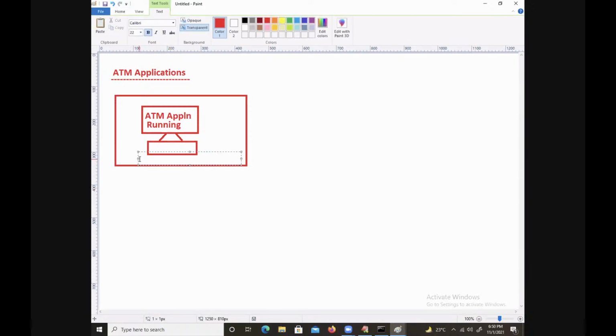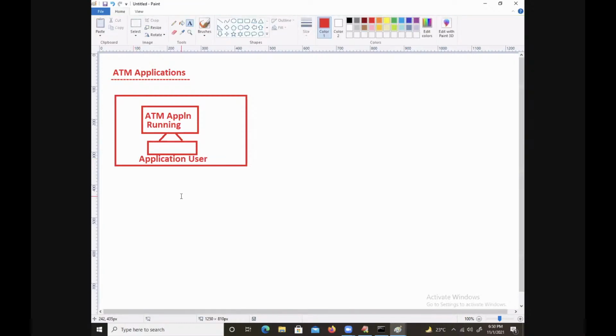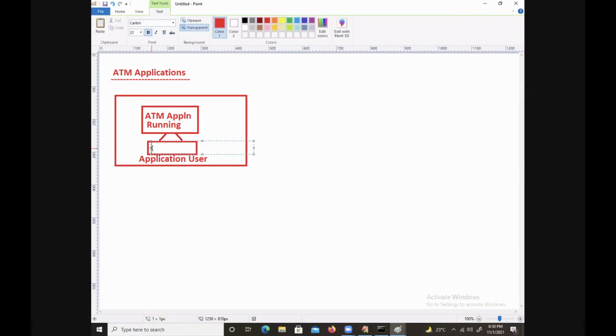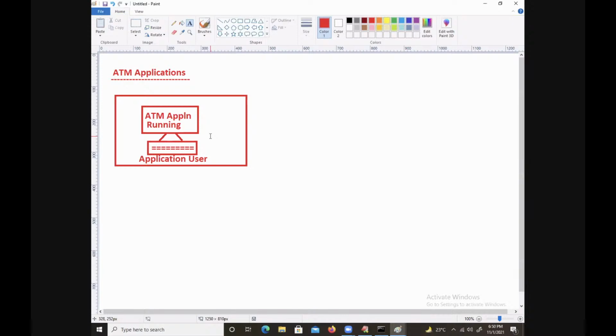Who is this? End user, that is nothing but the application user. He entered into the ATM machine and started using it. The moment he entered, he kept his card in reverse order.